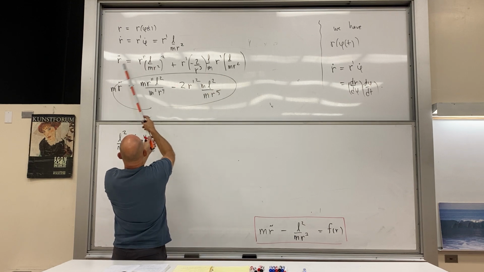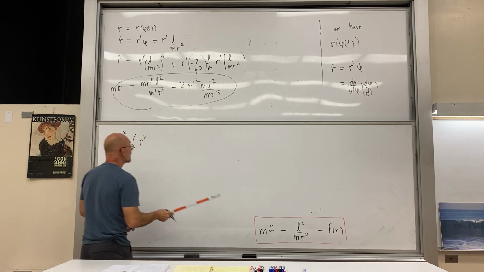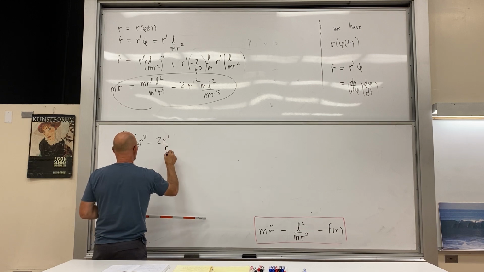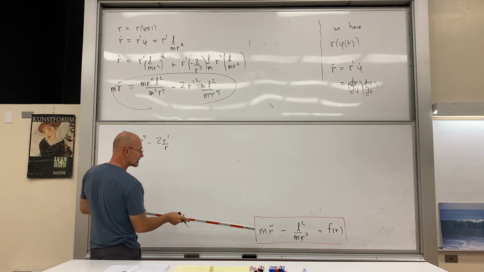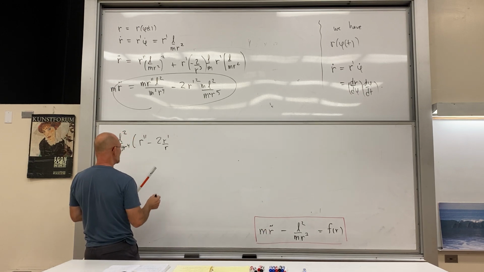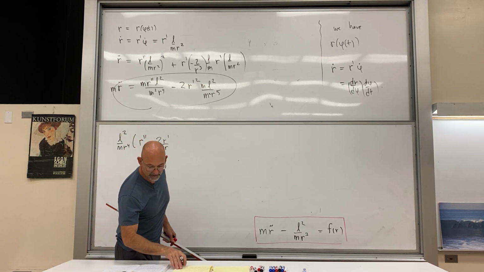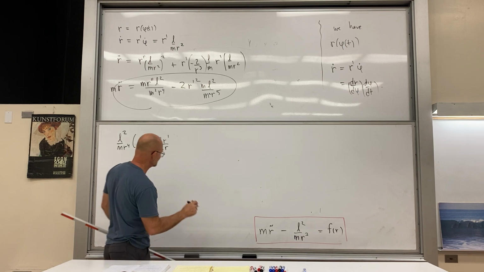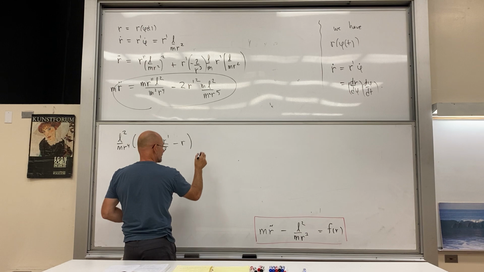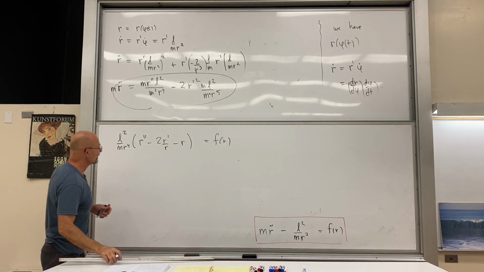M squared m times. So there was another m here. So L squared over m r to the fourth, we end up with minus 2 r prime divided by r. And then this last one here, L squared over m r to the fourth, we're gonna have to multiply an r again. Okay, let's see what the power I've got there. Yes, minus r. Minus r, good. Equals f of r.